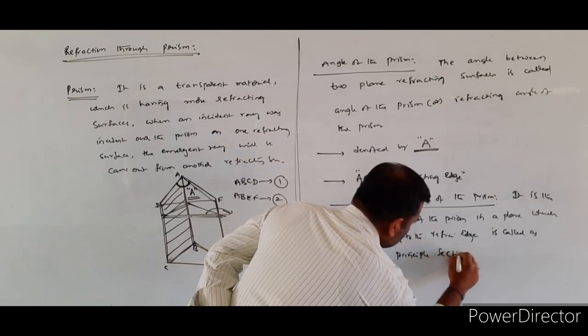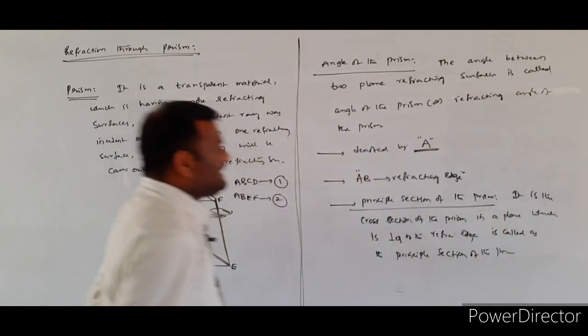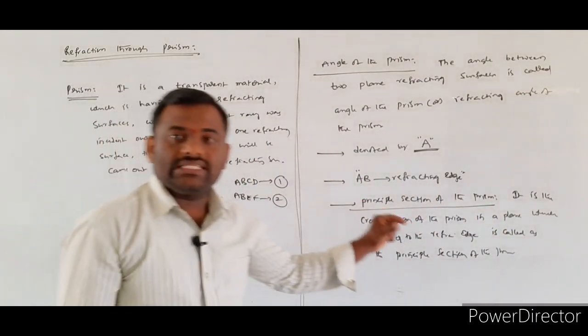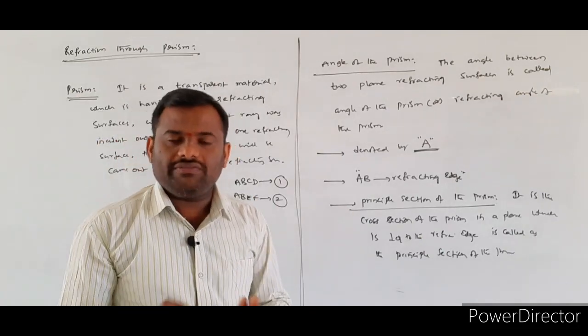Is called as a what? Principal section of the prism. So like this we have to define the principal section of the prism. So this is the introduction part of the given prism.